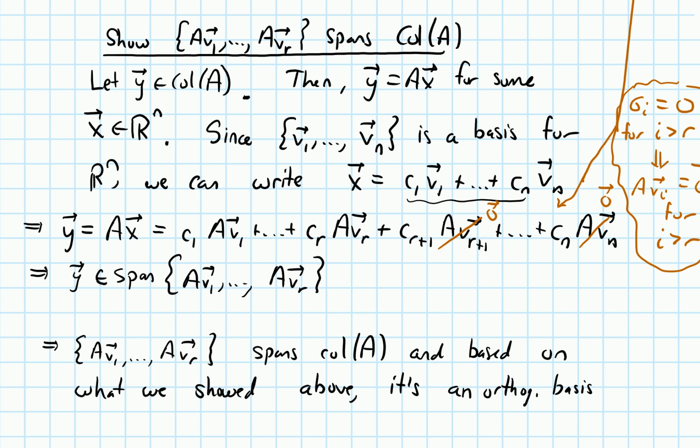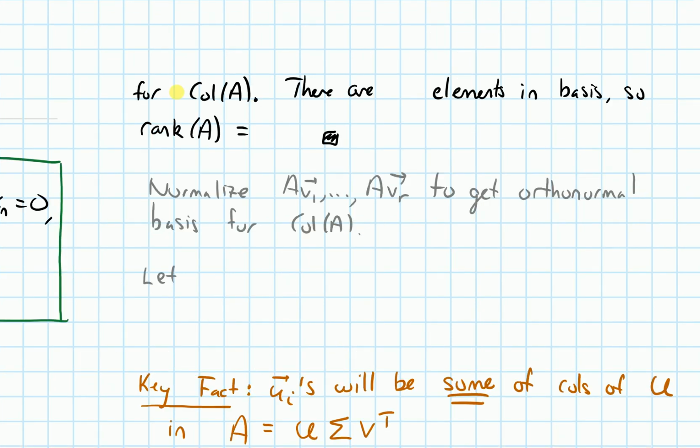Okay, so we've shown the spanning portion, and based off of what we showed above, this means that this set of vectors is an orthogonal basis. We showed orthogonality, we showed linear independence, which combined with the spanning property means it's a basis. It's an orthogonal basis for the column space of A. And the last part of the statement was to show that the rank is r.